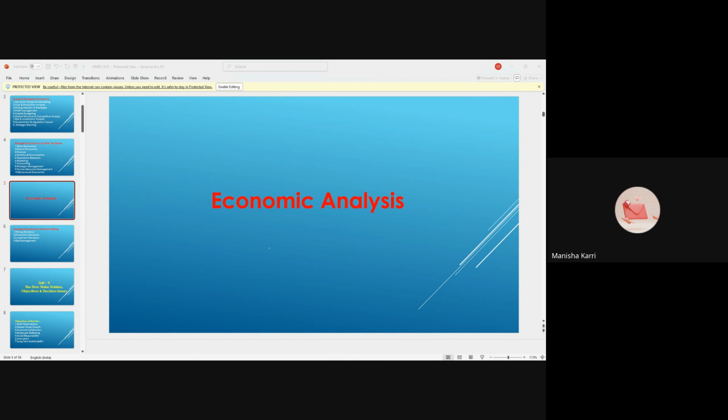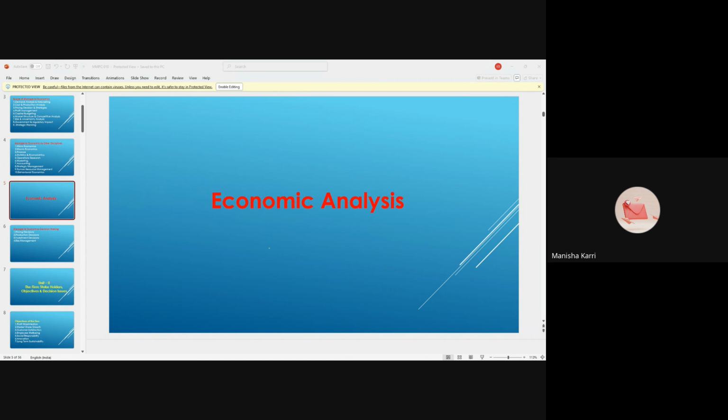This analysis can be conducted at various levels, including microeconomics, which focuses on individual agents such as consumers or firms. The name microeconomics itself indicates it, the I after M, the I indicating individual agents.